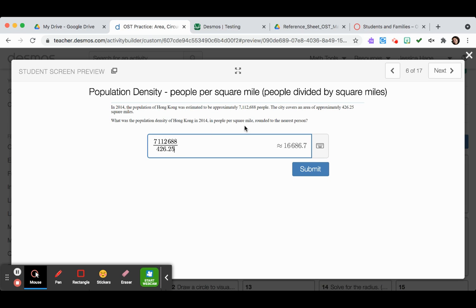So the population density rounded to the nearest person, we're going to round down because we don't exactly have that. So this is going to be 16,687. Again, anytime you're looking for population density, it's people per square mile. Just make sure we type that in correctly. Yep.